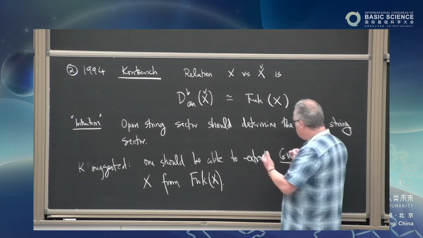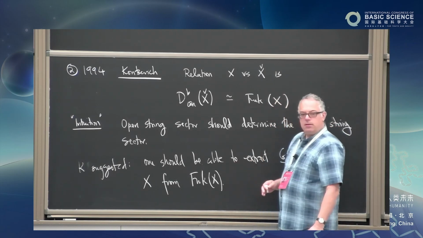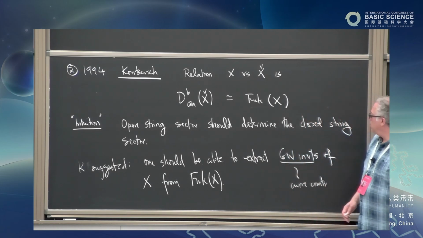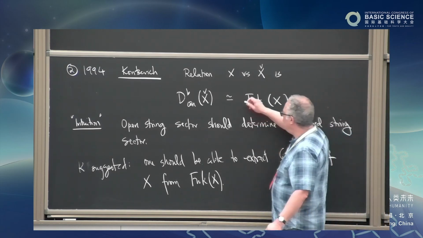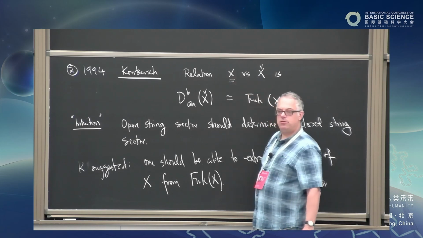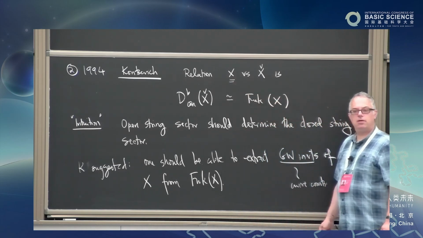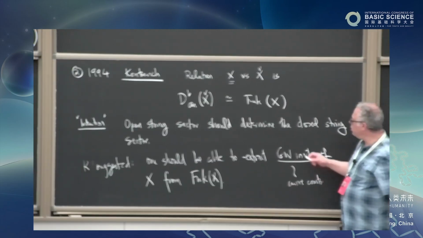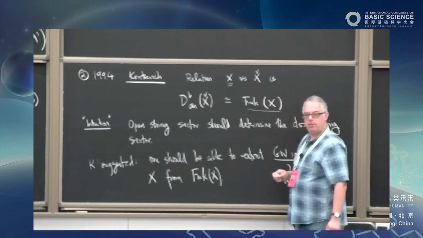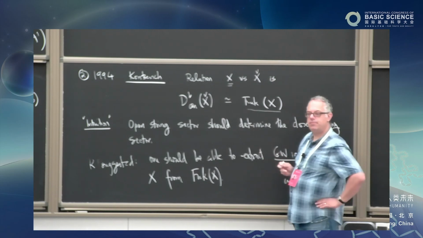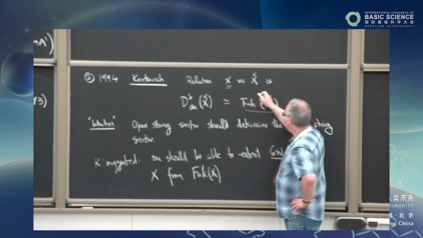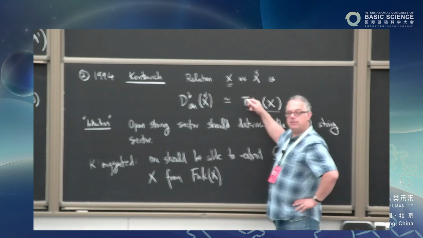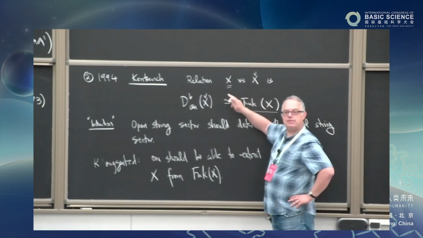The whole idea here was that you don't actually need to know the space X to be able to calculate the Gromov-Witten invariants of X. All you need to know is this Fukaya category, some construction in symplectic geometry. But this category, in principle, contains less data than the space X itself.